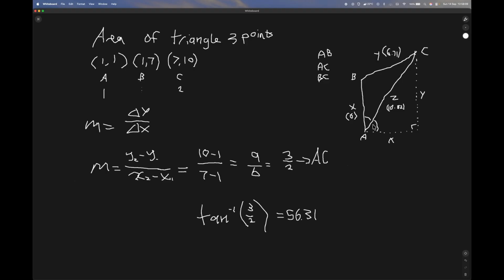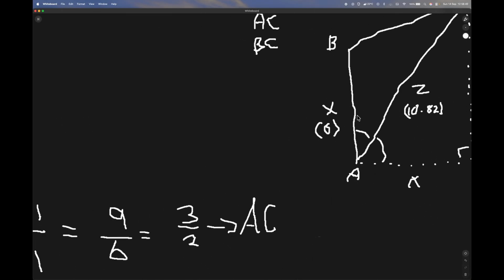So to get this angle, we're going to do 90 minus this angle here. Is equal to 33.69. Let's draw that in there.